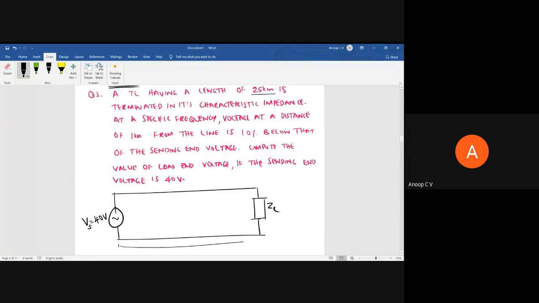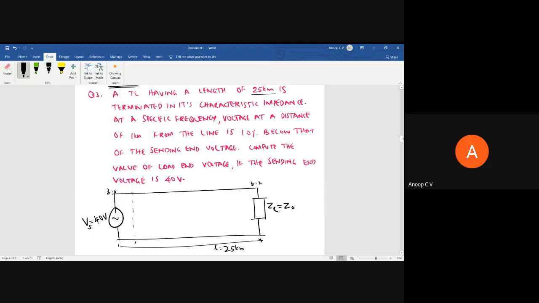And the length of the transmission line is given to be equal to 25 kilometer. And what else is given? ZL is equal to Z0, that is given. Also this end is Z equal to 0, and this end is Z equal to L. And at a distance of 1 kilometer, the voltage is 10% below the sending end voltage.